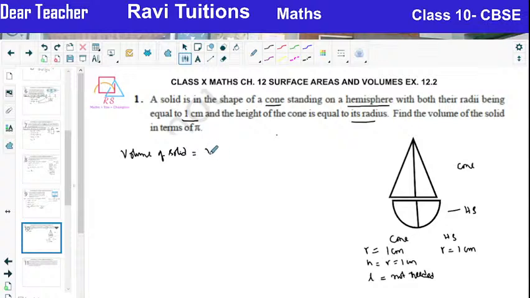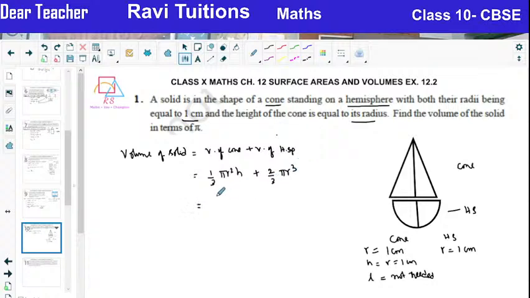So now volume of cone plus volume of hemisphere. Volume of cone is 1 by 3 pi r square h. Volume of hemisphere is 2 by 3 pi r cube. 4 by 3 pi r cube is the sphere, and 2 by 3 pi r cube is the hemisphere.